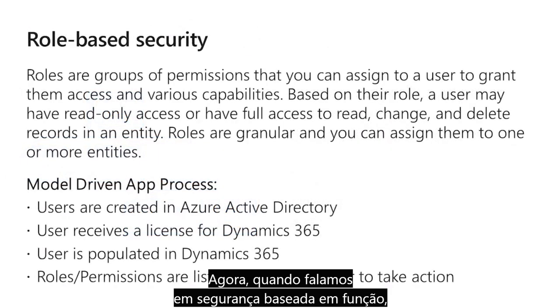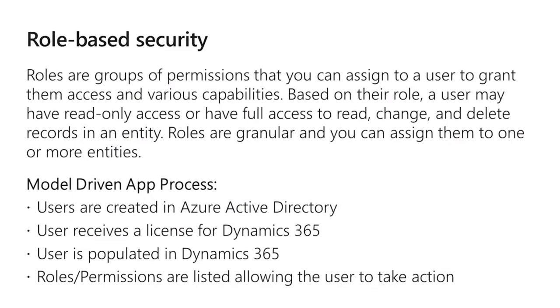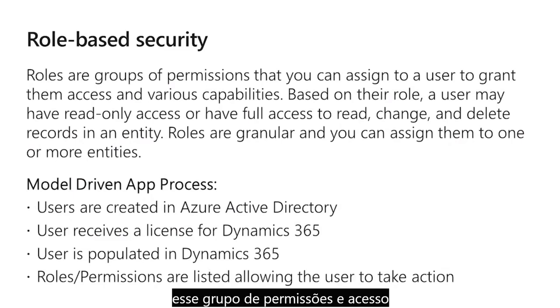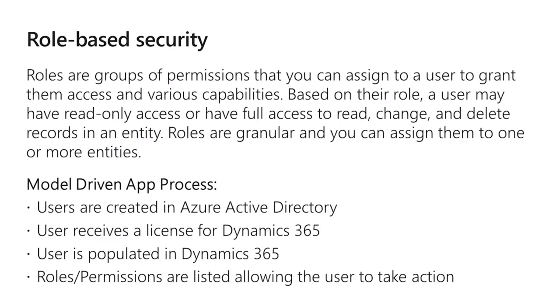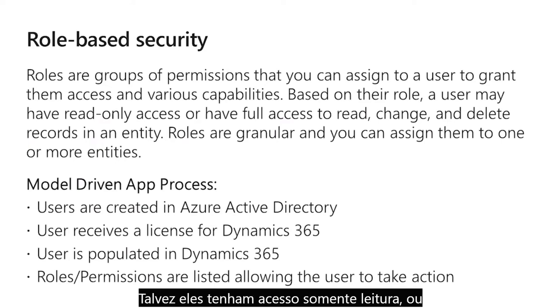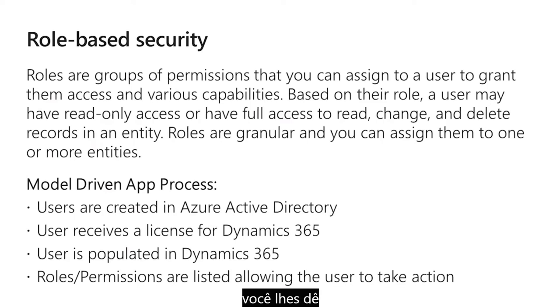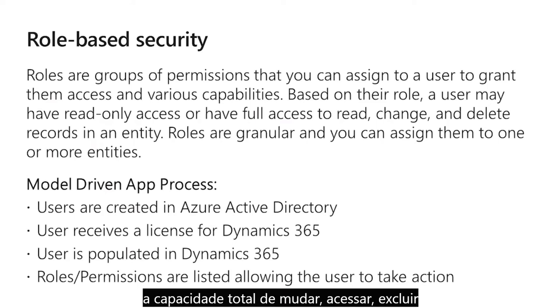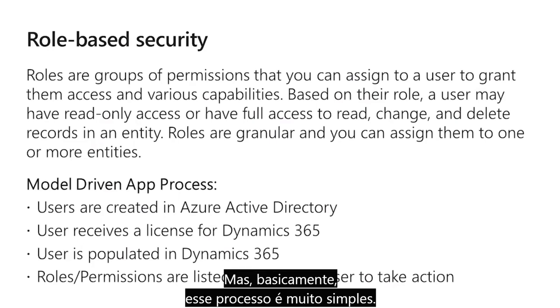When we talk about role-based security, you are assigning that group of permissions and access to a user. Perhaps they have read-only, or you give them full ability to change, access, and delete. Essentially, this process is very simple.